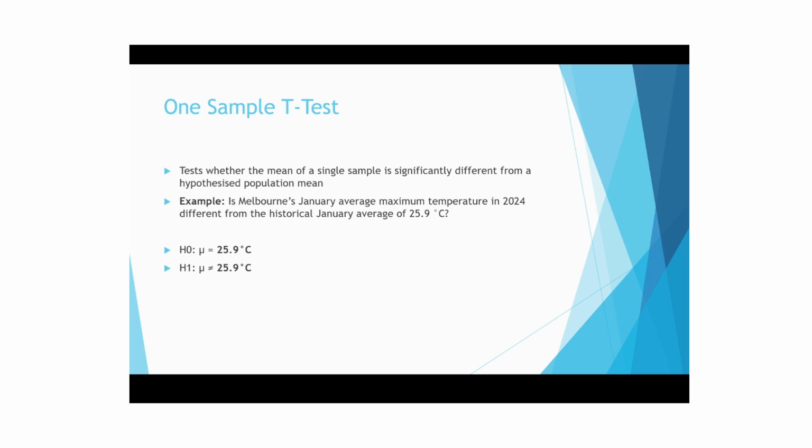Our alternative hypothesis H1 states that the mean temperature is not equal to 25.9 degrees. If the t-test results in a p-value less than our significance level, we would reject the null hypothesis and conclude that 2024's January average temperatures are statistically different from the historical average. I'll be applying these examples on Excel.